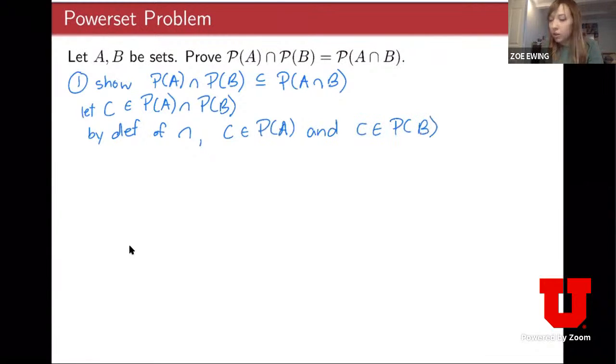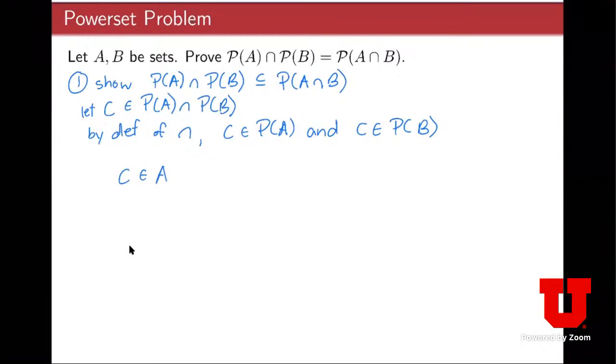All right, so now we want to figure out something about C's relationship to the set A and C's relationship to the set B. So let's see. Let's say C is in the set A. What's wrong with that? C is a set, not an element.